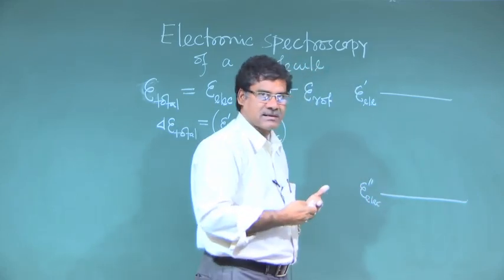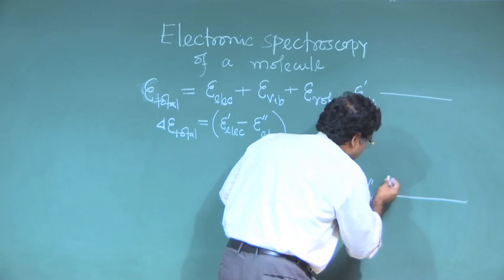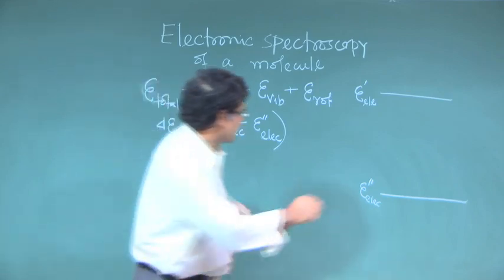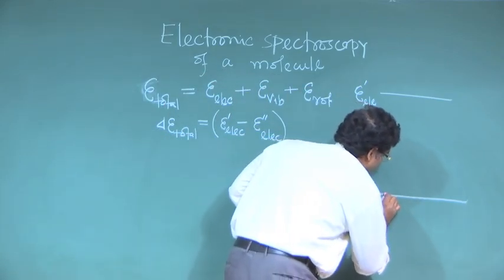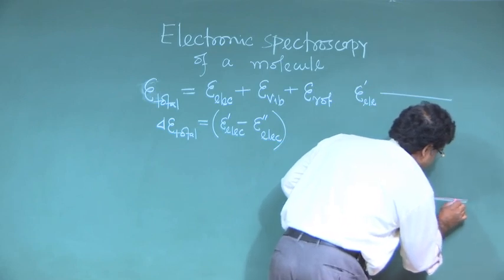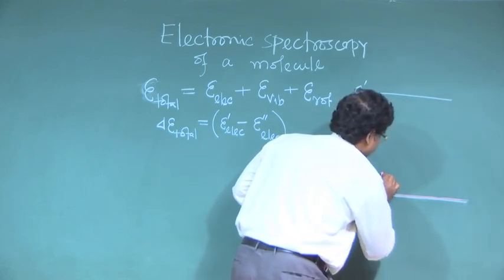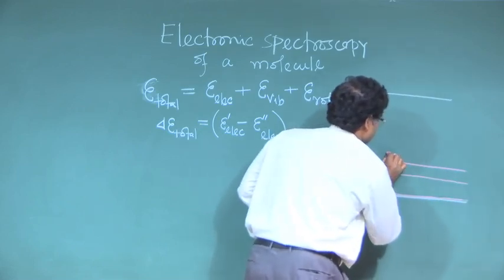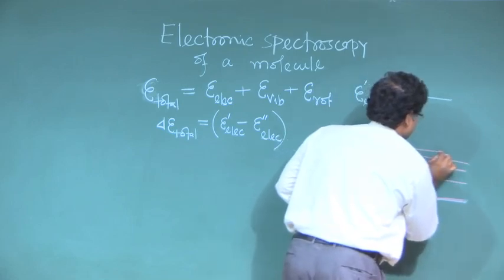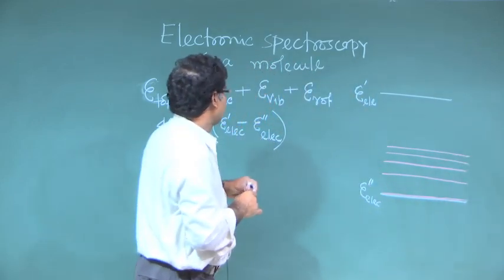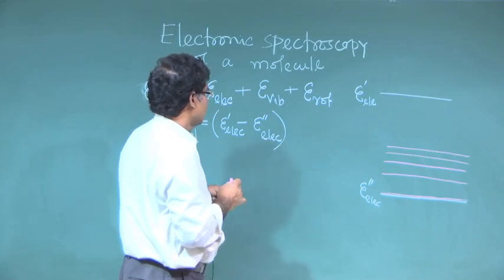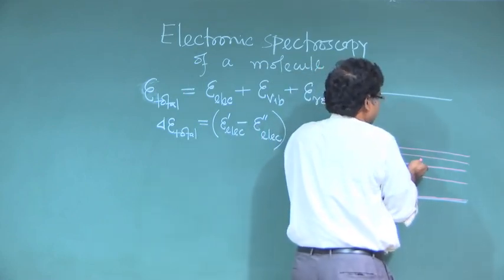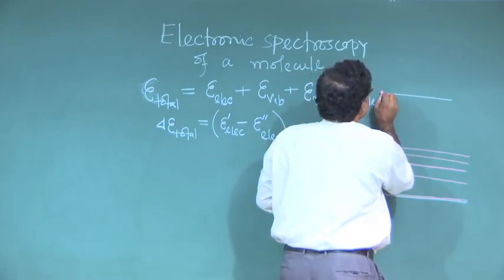Now, each electronic state will have vibrational states, due to vibration. Let me draw the vibrational energy levels with another color.